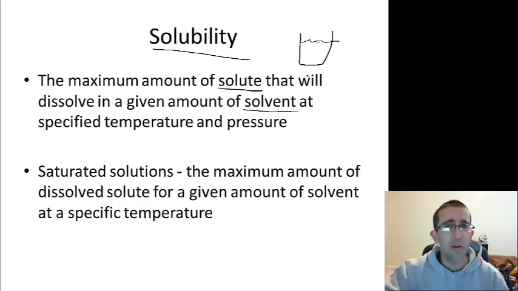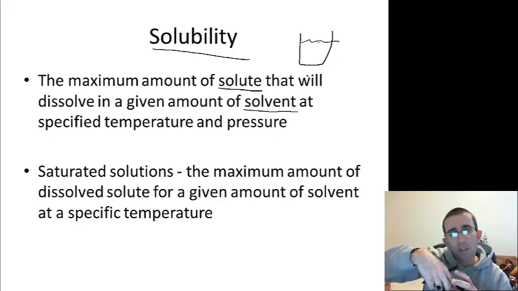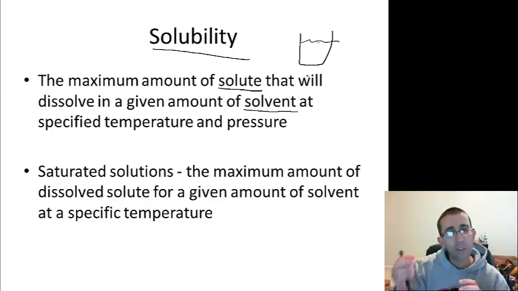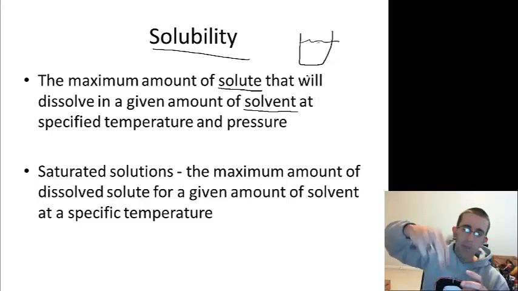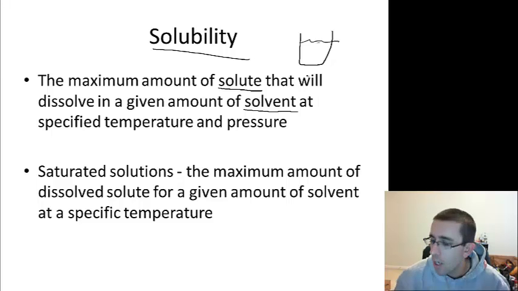It can't dissolve anymore. So there's a certain amount of solute we can dissolve into a solvent. If the solute is sugar and the solvent is water, there's only a certain amount of sugar you can dissolve into water. Eventually, if you put too much in there, it just goes to the bottom. It will not dissolve anymore. This is known as solubility.